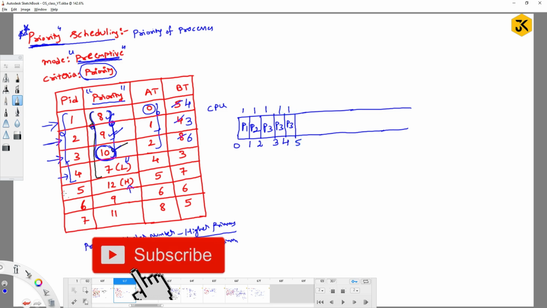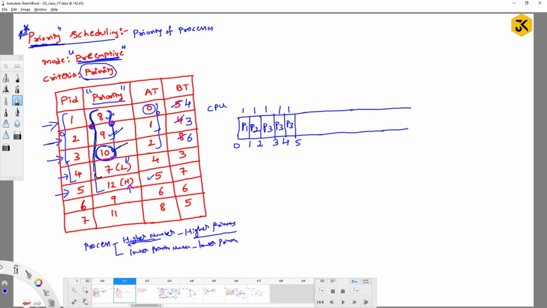By the completion of 5 units, one more process, P5, arrived, which means now the priorities are 8, 9, 10, 7 and 12. Which one has the highest precedence now? The number 12, which means process P5 has the highest precedence.